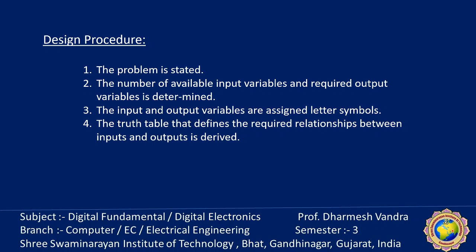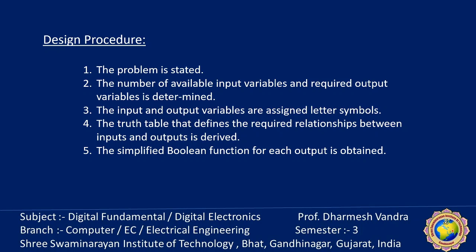the given problem statement. Then, using a simplified form such as a K-map, the Venn diagram, or the tabulation method, whichever is feasible, the simplified Boolean function for each and every output is obtained.